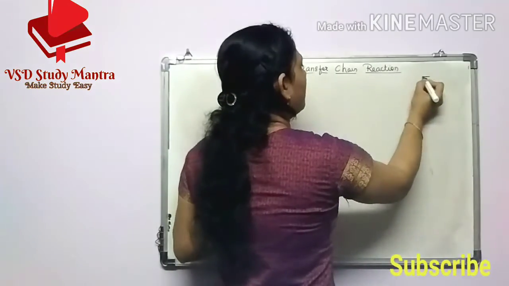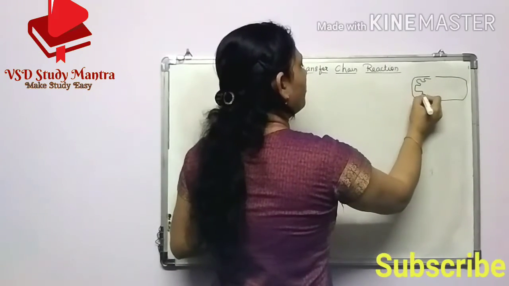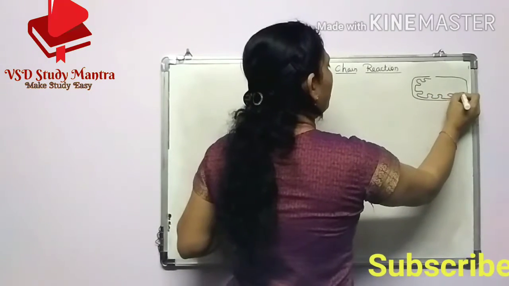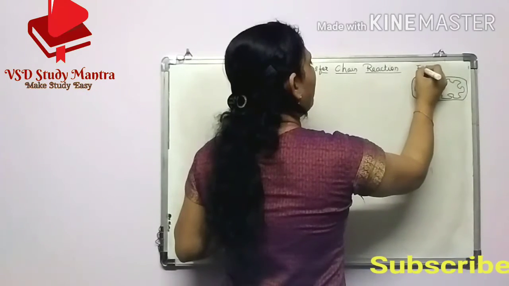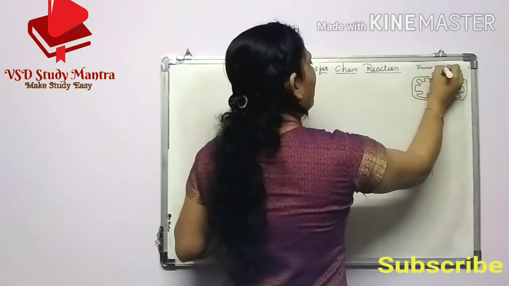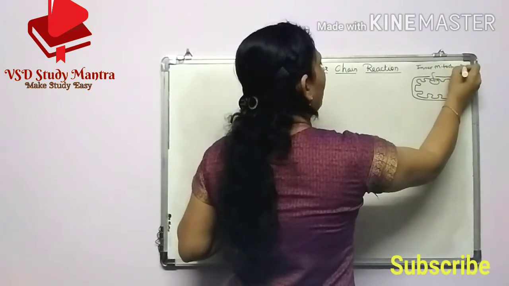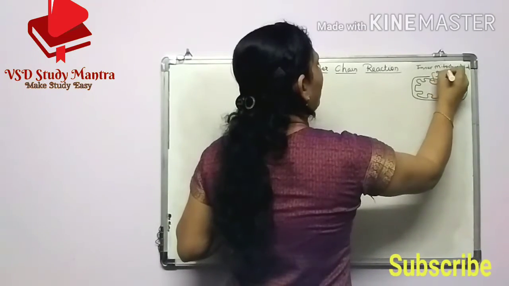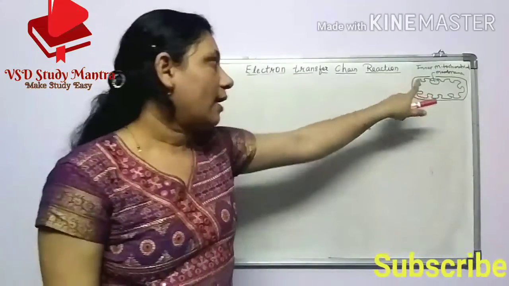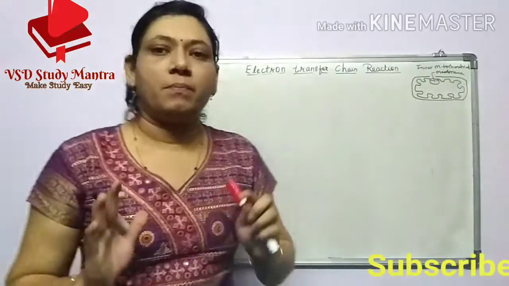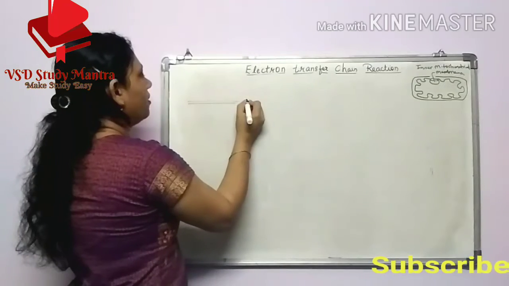So if this is our mitochondria, here is the inner mitochondrial membrane. And if we zoom into this inner mitochondrial membrane, the picture looks like this.